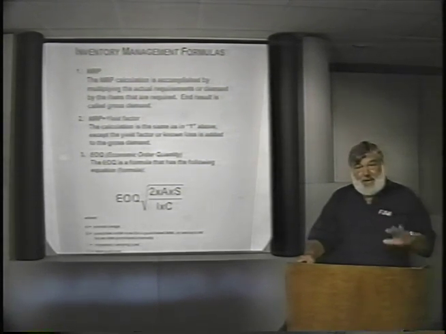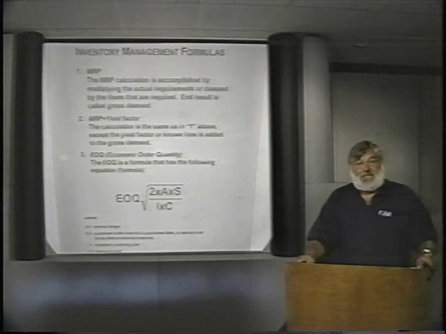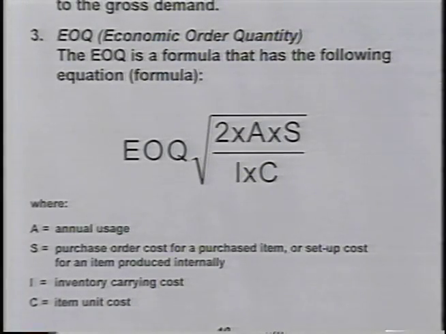Now, when I talk about financial costs, we certainly should address this with our financial department to make certain that they understand the ramifications of how we're going to cost the work order and how we're going to dispose of that yield. The third element is EOQ, economic order quantity. Here's the formula for it, and it's very simple.